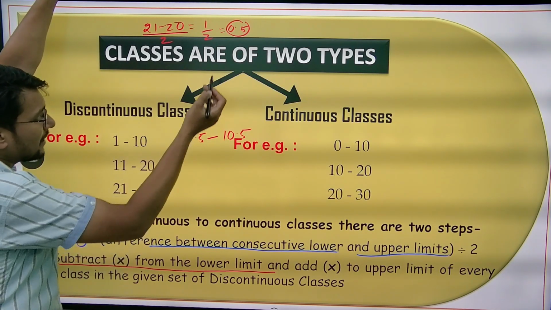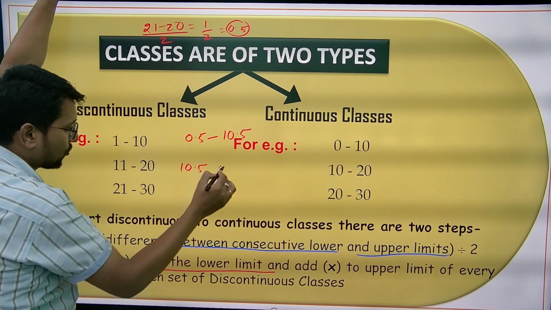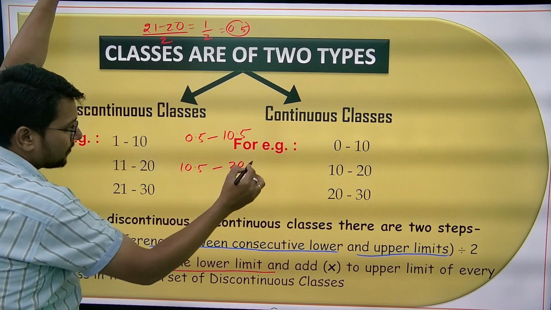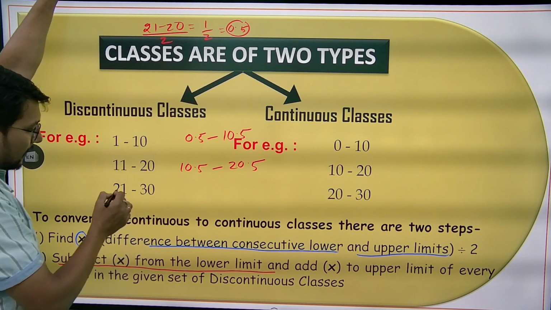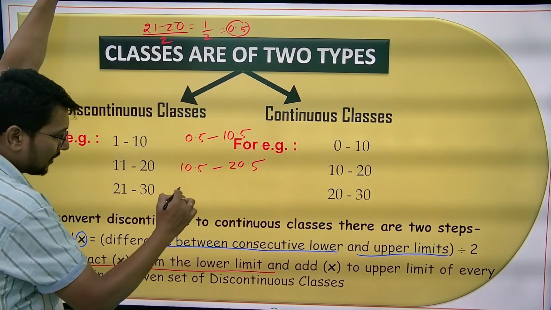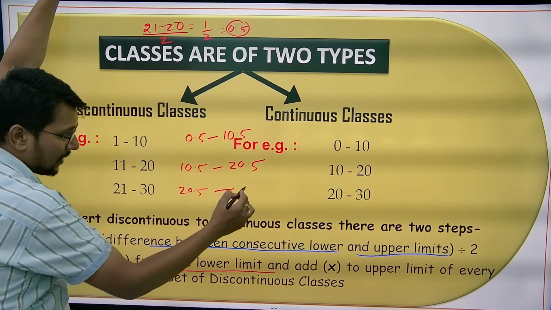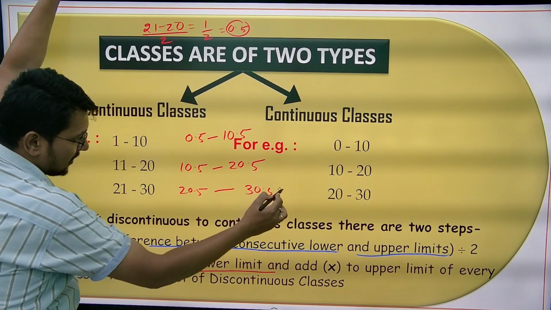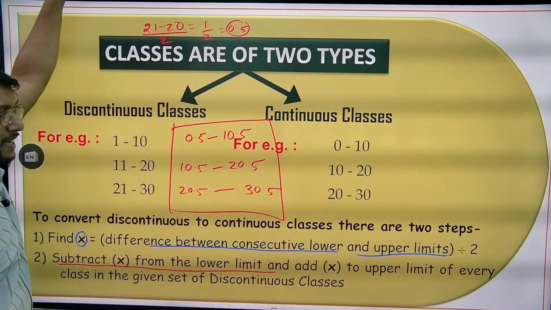Second class 11 minus 0.5 कितना है? 10.5 to 20.5. Got it? And this one will become how much? 21 minus 0.5, that is 20.5 to where? 30.5. Now see, you have got here which class?